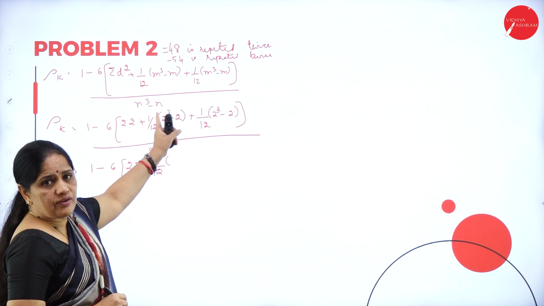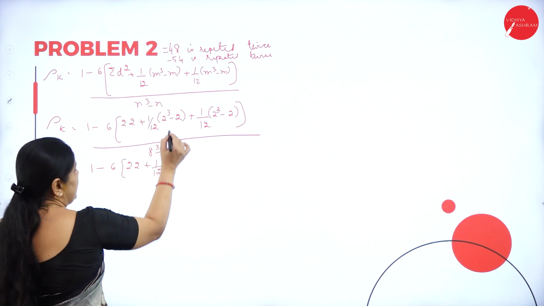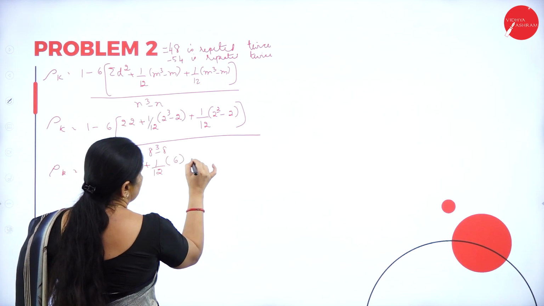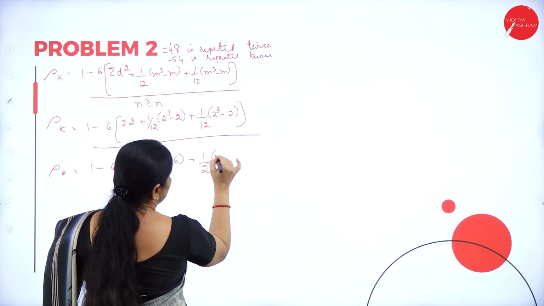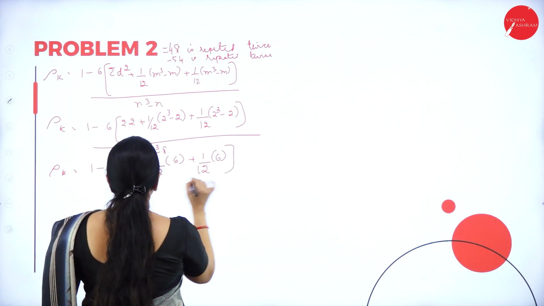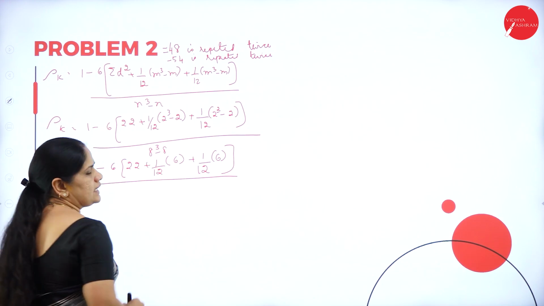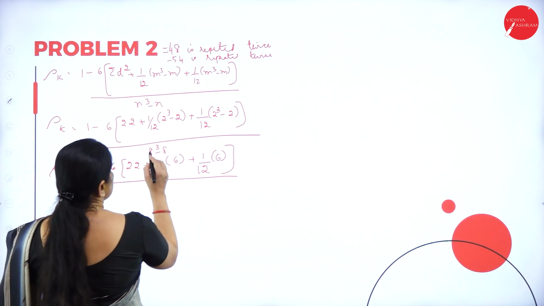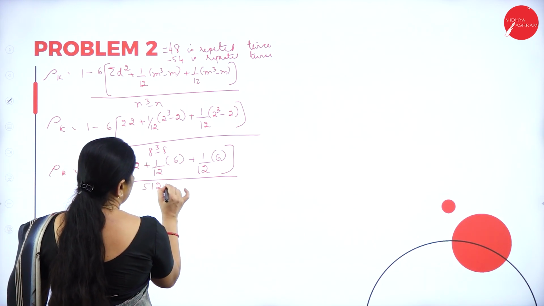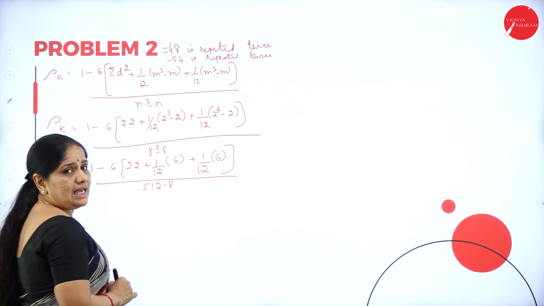2 cube. 2 2s are 4, 4 2s are 8. 8 minus 2 is 6, plus 1 by 12 into 6, whole over 8 8s are 64, 64 into 8 is 512 minus 8.